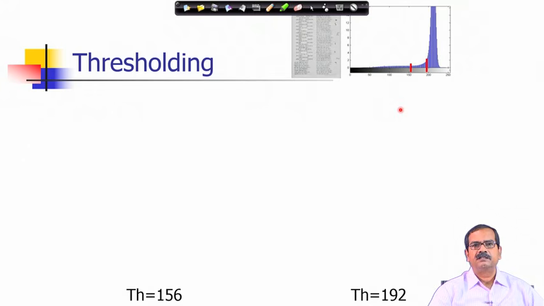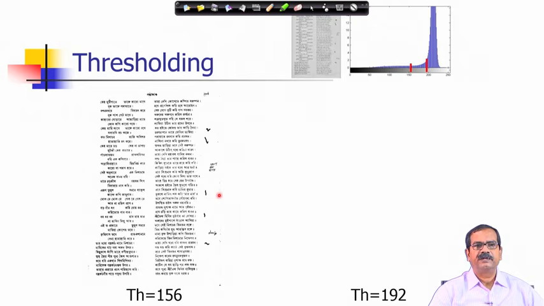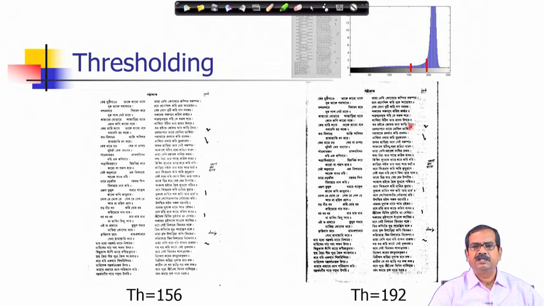Let us consider a particular value, say 156, where you perform this thresholding, and then you get an image like this. You see that there are only two types of pixels, pixels with the value 0 and pixels with the value 255, when your threshold value is 156. If I choose another value, say 192, you get another kind of binarized image, and you can see the difference between these two images.